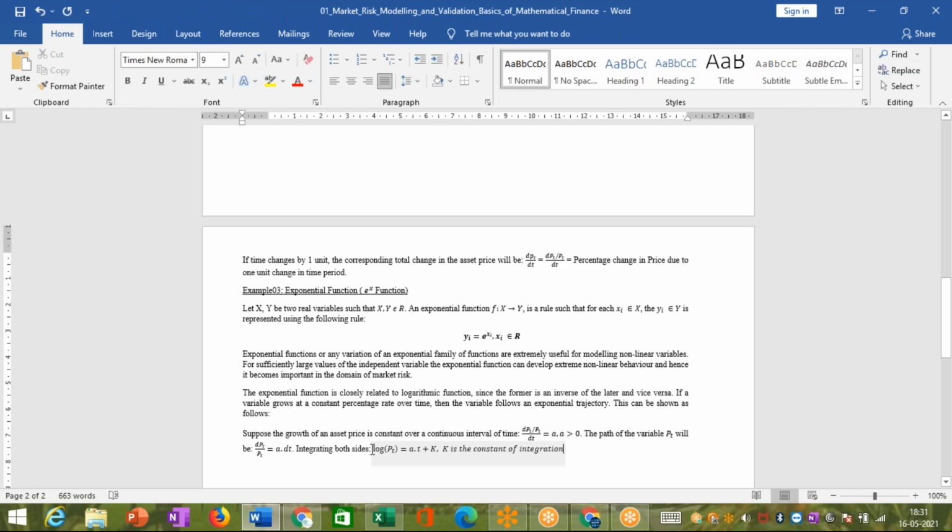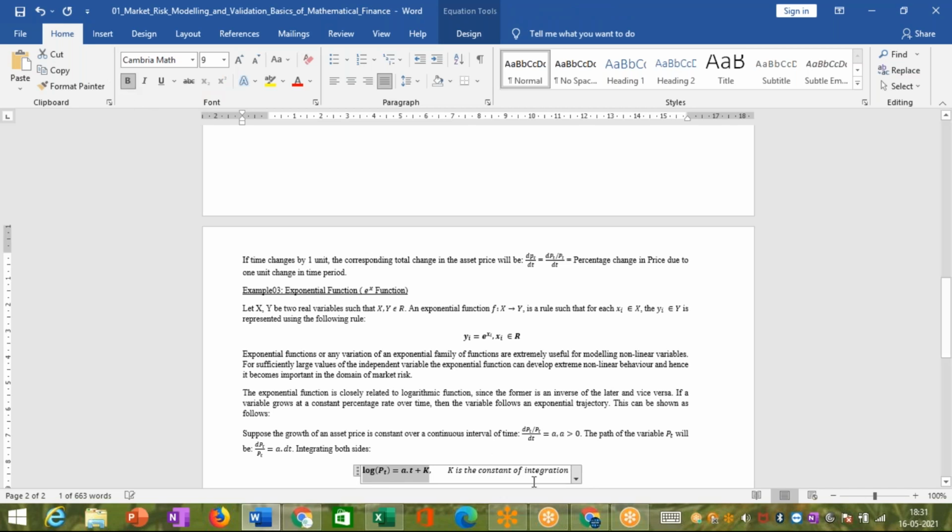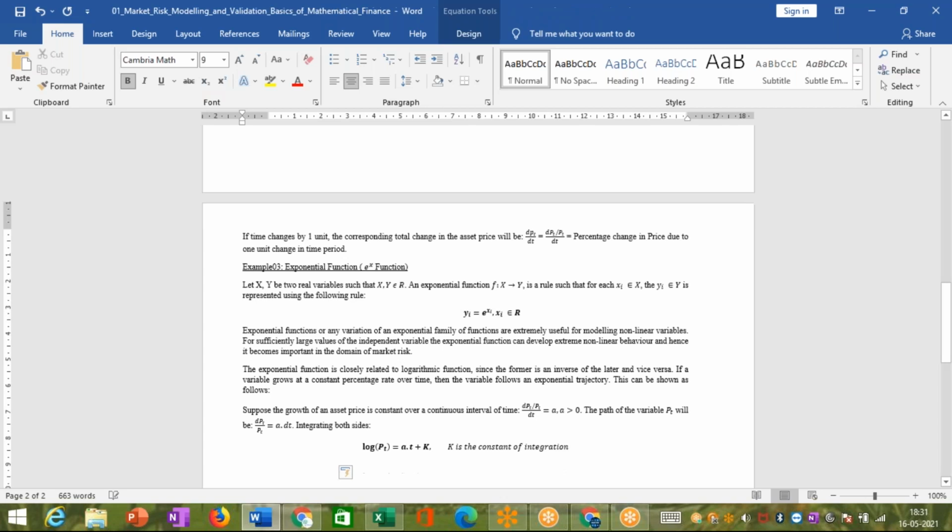So integrating both sides, this is what we get. So the path of the variable PT will be this, and we integrate both sides. So k is the constant of integration.